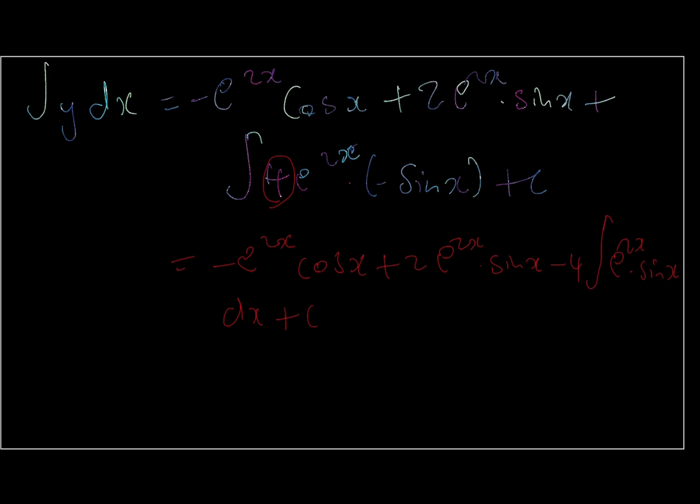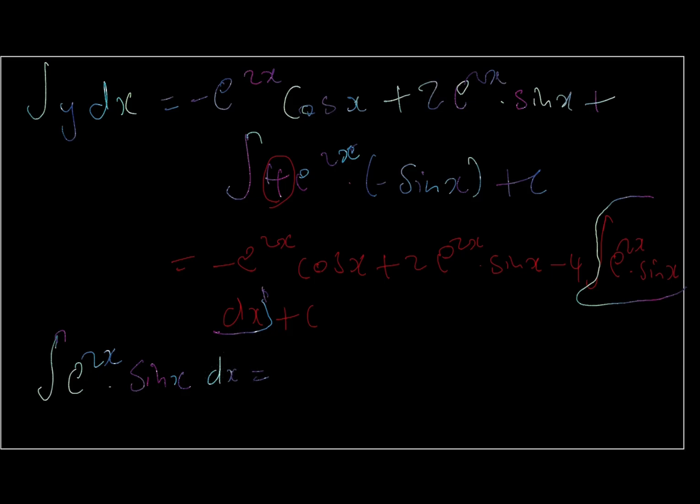Alright, we see that this integral of the last term is identical to the original integral we are solving, right? Therefore, let's substitute y by its equivalent integral, which is the integral of e to the power 2x sin x dx.